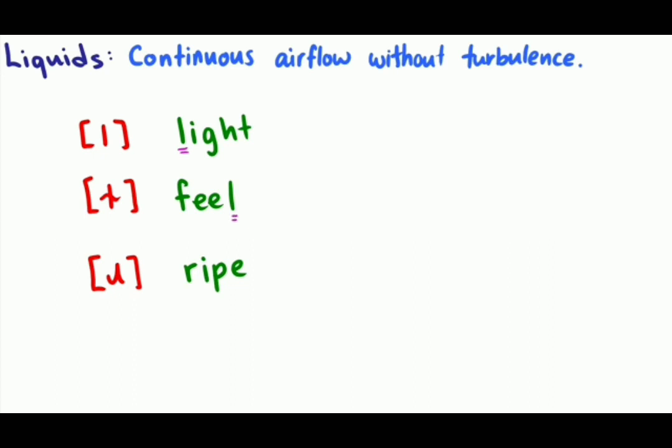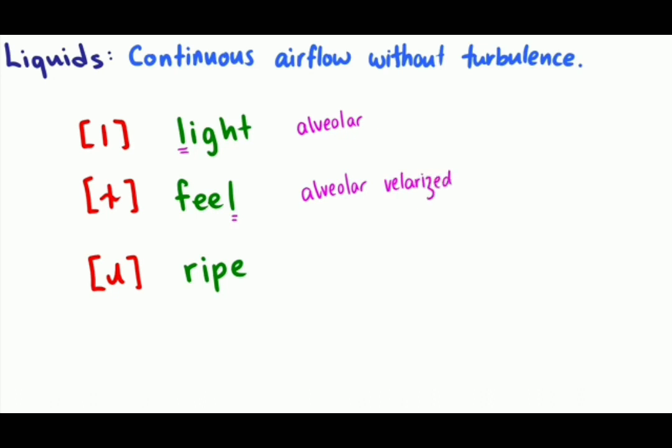In this case, light is alveolar, so you can feel the semblance, light and feel are very similar, but in feel you still have that alveolar part to it, but the back of your tongue is moving up a little bit. So this is what is called a velar L.